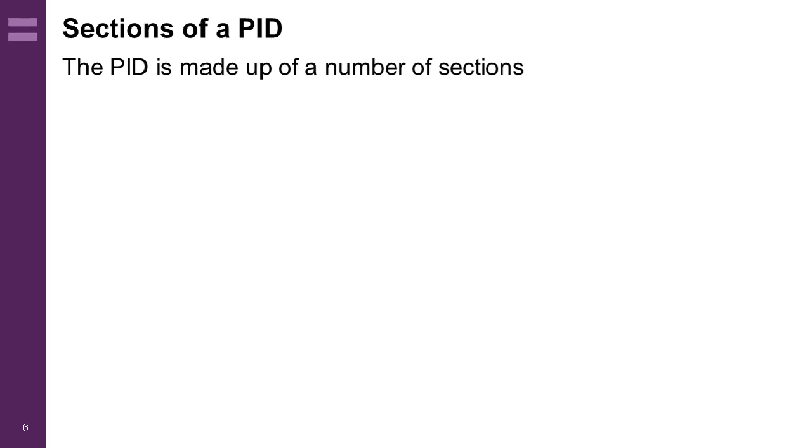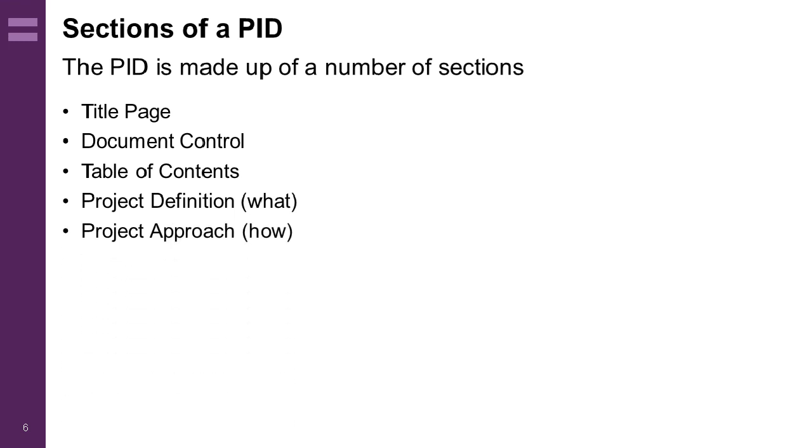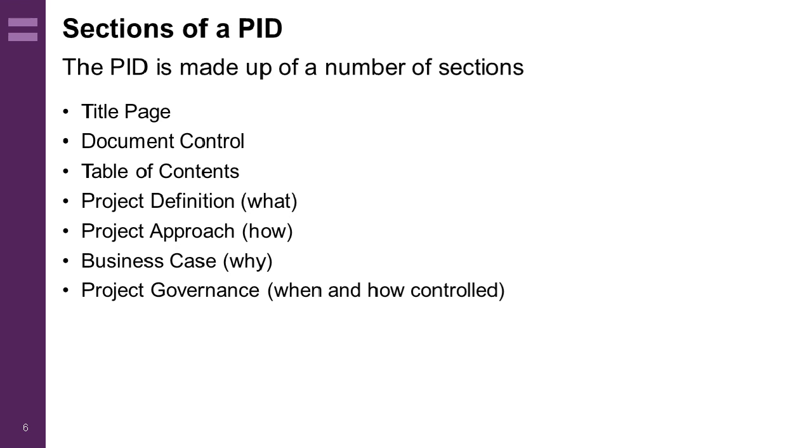So the sections of the PID. The PID is made up of a number of sections, the first three being what I call the housekeeping sections. So there's a title page, there's the document control, and also a table of contents. The main body of the PID then follows, and that includes a definition, what is to be done, a section on how it will be done, the business case describes why it will be done, and then the project governance, how the doing will be controlled.